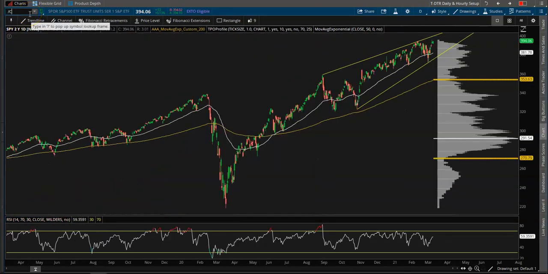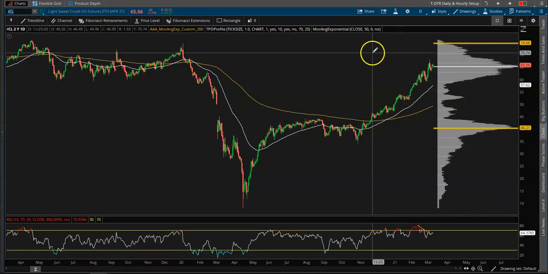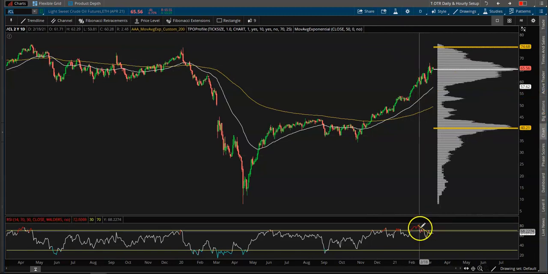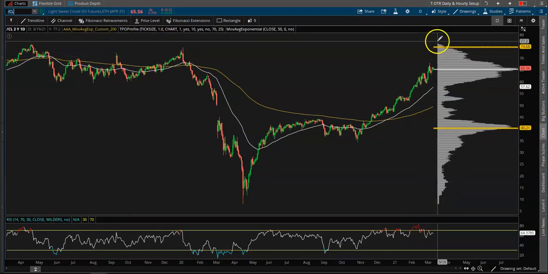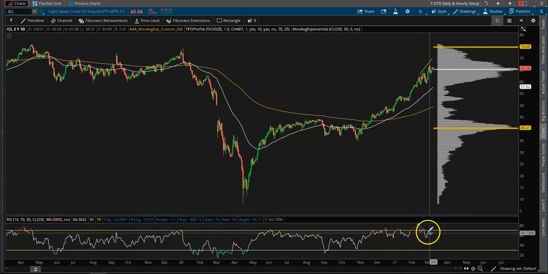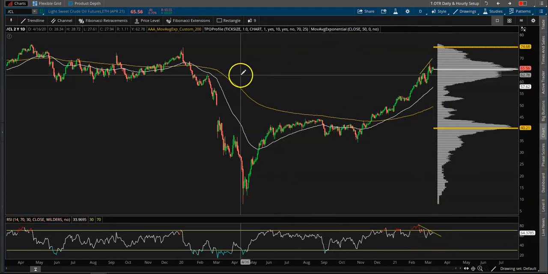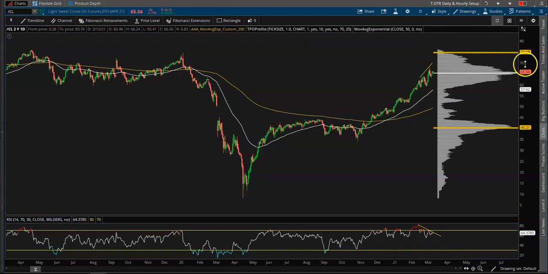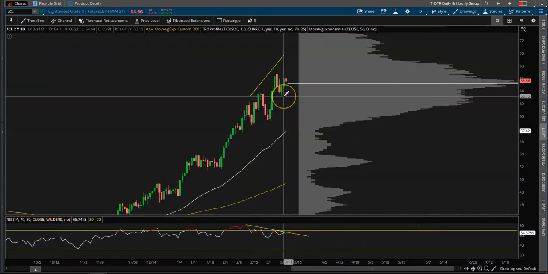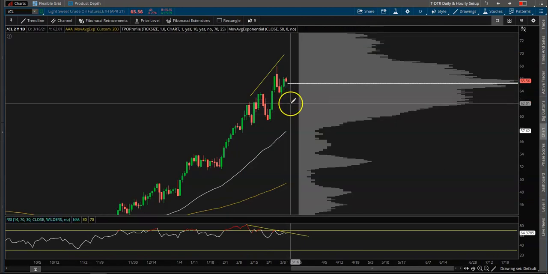Let's take a look at crude oil. Okay, crude oil, nice divergence going on over here, right? Here's the question. Do we now make a higher high or a lower low?